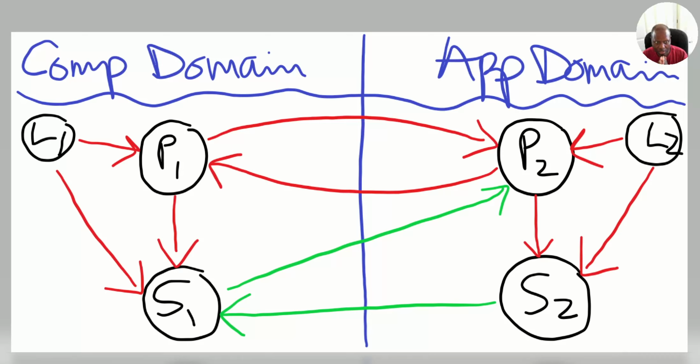Remember, I said in the past video that once you find a solution in the computing domain, you evaluate it by using it to solve the application domain problem to get a solution, and the quality of that solution will inform you of the various limitations of your contribution in the computing domain.